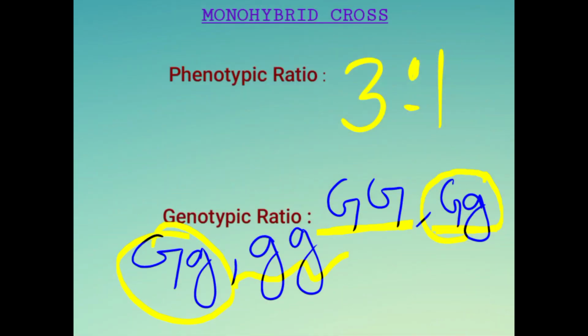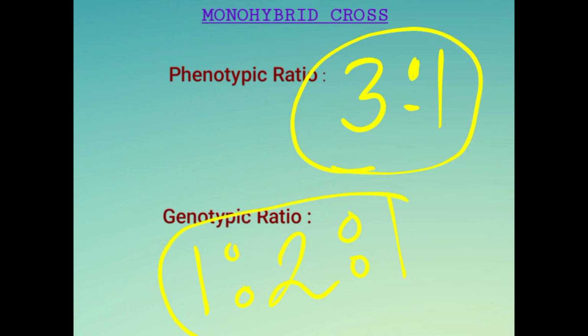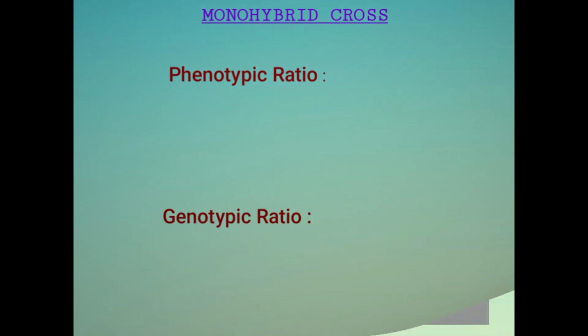Now what should be the genotypic ratio then? It should be 1:2:1. So phenotypic ratio 3:1, genotypic ratio 1:2:1.